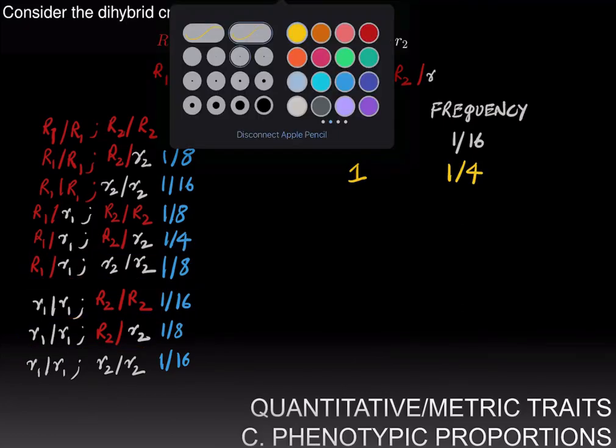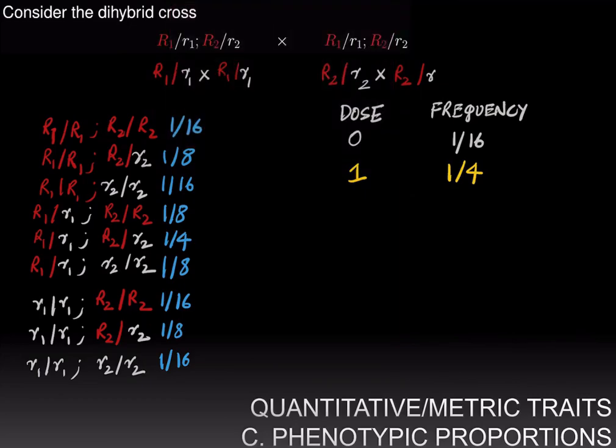Then we can compute dose 2, and dose 2 means 2 pigment making alleles, and we have 3 such individuals. We have this individual who's homozygous for the big R2 allele.